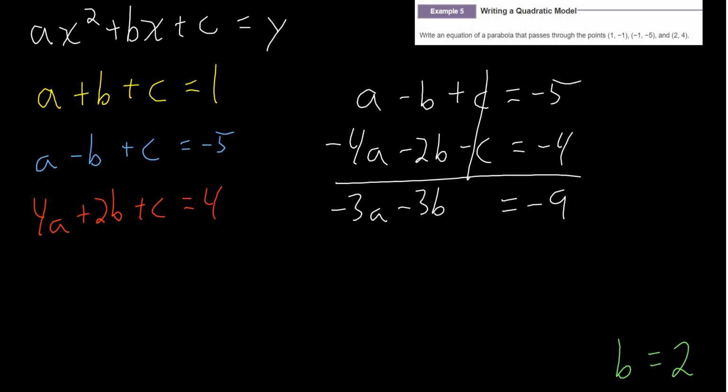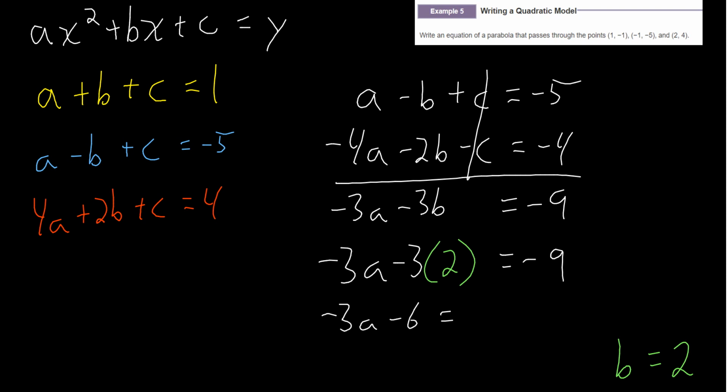So anyways, looking here, I've got negative 3a minus 3b is equal to negative 9. We're going to substitute in b is equal to 2. So we have negative 3a minus 3 times 2, substituting in that b value, equal to negative 9. Doing the arithmetic, I've got negative 3a minus 6 is equal to negative 9.